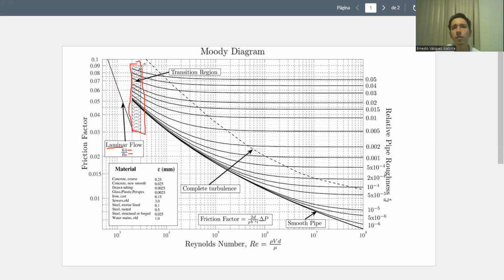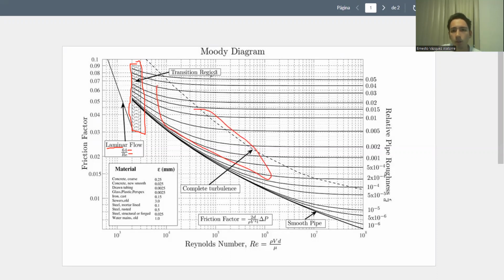Plus, it's not really a definite range from laminar to turbulent, and the transition region is kind of a blurry thing. So we will go straight to the turbulent region, which is this one right here.